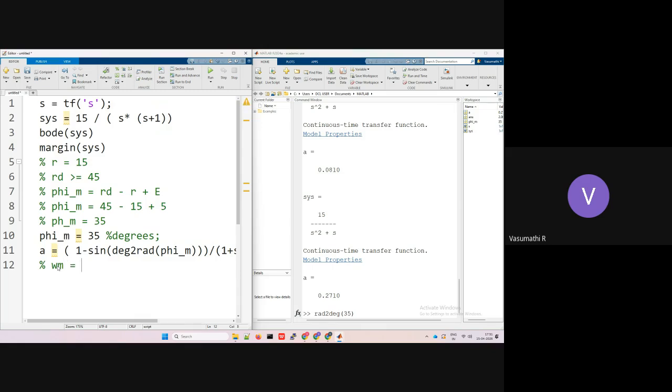The formula is omega m equal to 1 by T into square root of alpha. So this is your T. If you want to find your T, you should find your omega m. How to find the omega m? That is the question now.